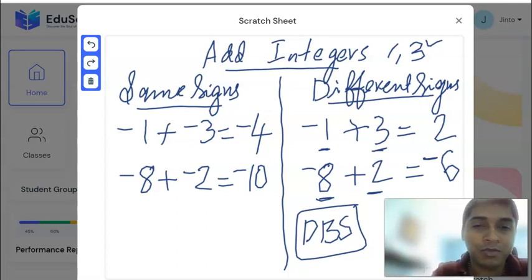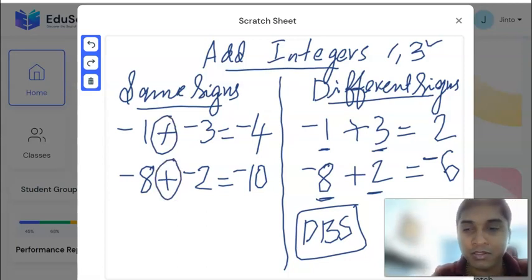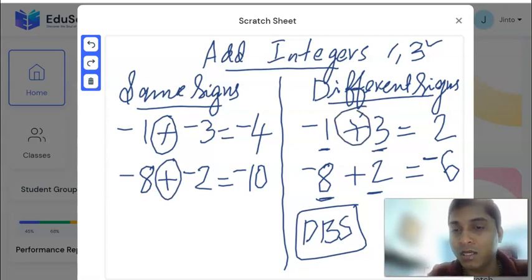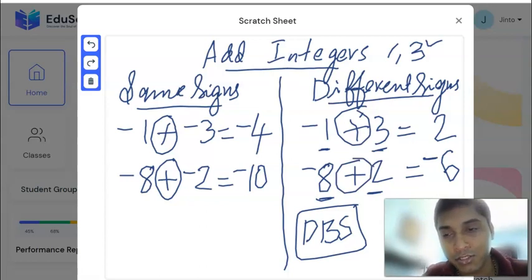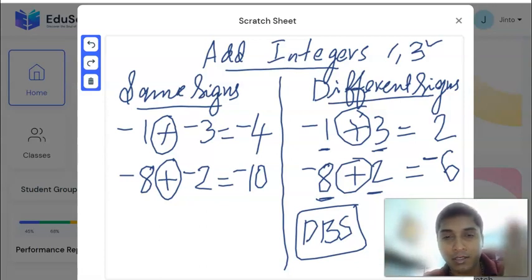Add integers, because the math operation here is addition, same sign, and here also the math operation that we use is addition. But adding integers has two possibilities. Either they are same signs or they are different signs. So make sure you do this one really good in order to do the other math.